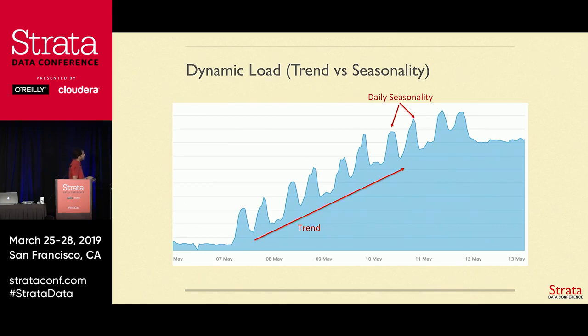Whatever traffic we saw on a Monday, we're going to see more traffic on a Tuesday. So we have two things to cope with here. One is the overall trend: we are increasing load every single day. Also there is seasonality to it. During the day, we'll have a peak in the load, it'll go away, and then in the evening, that high load comes back.